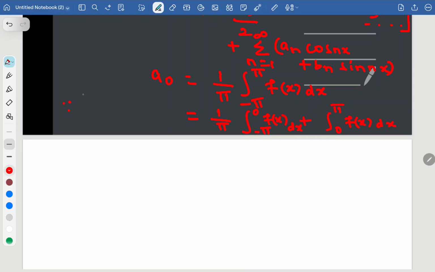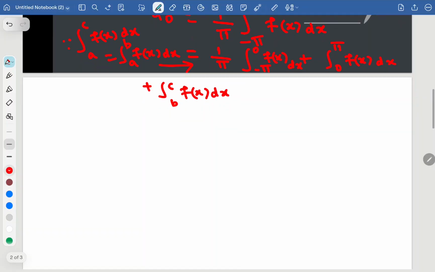We have one result: integral a to c of f(x) dx can be written as integral a to b of f(x) dx plus integral b to c of f(x) dx.